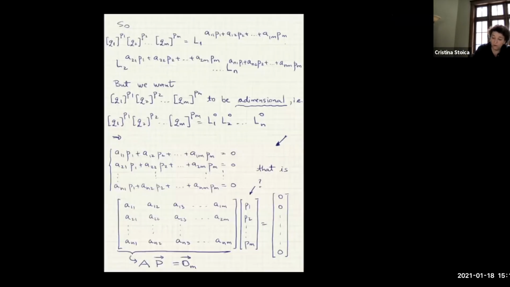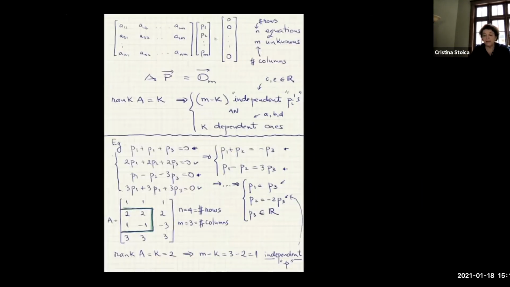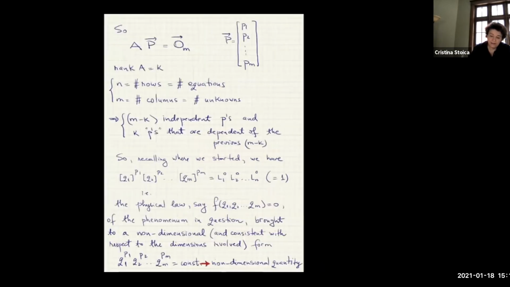So we have this horrible, large linear system that we know how to solve. We know how many independent p's there are. And that's the thing. When we implement any solution of that linear system into the original equation, we know that we will get something that is at power 0 in terms of fundamental dimensions.